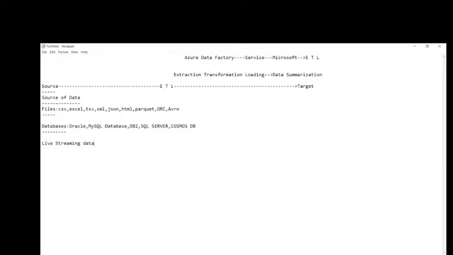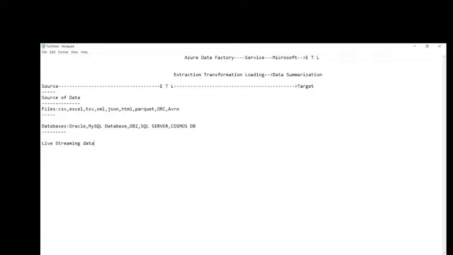So what do you understand by live streaming data, guys? Take the stock market. Have you ever seen how it works? The values change every second or every minute. The session will be live.